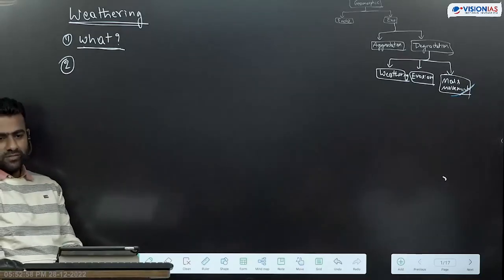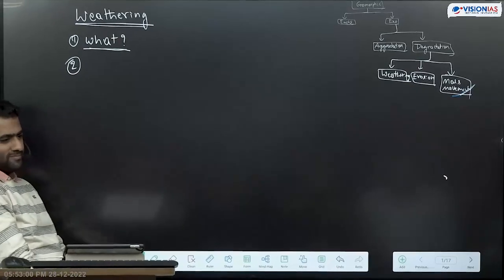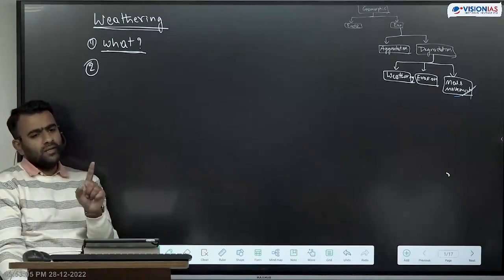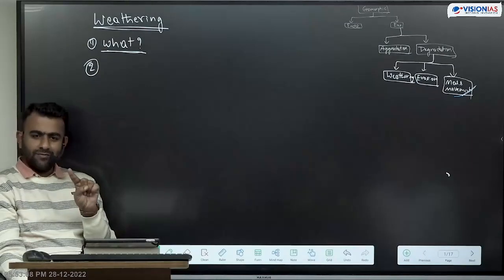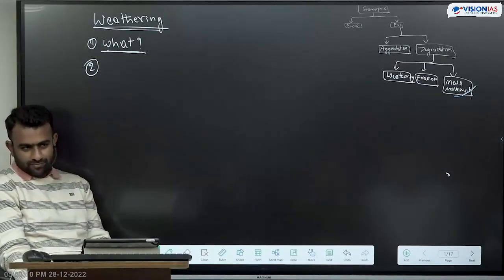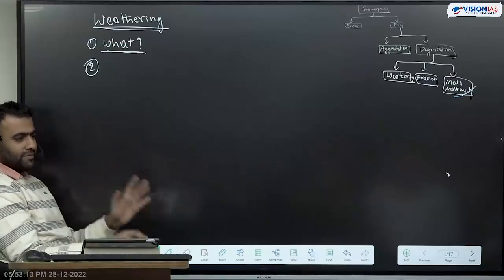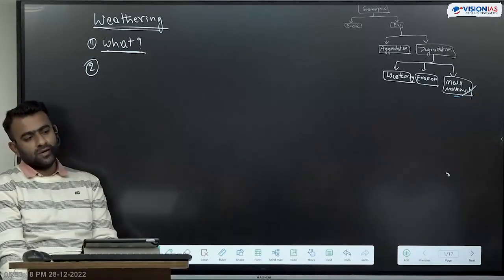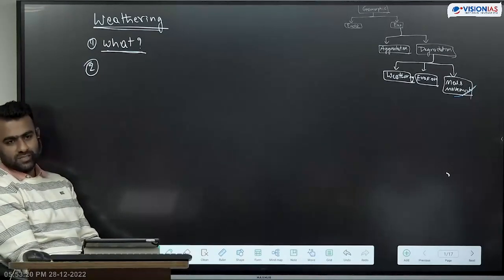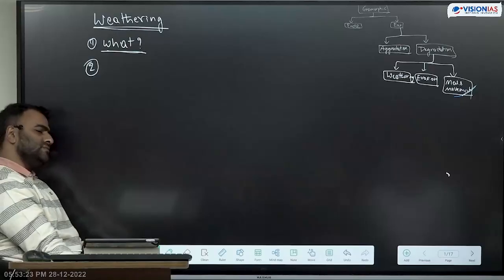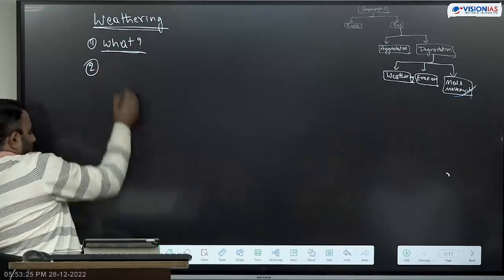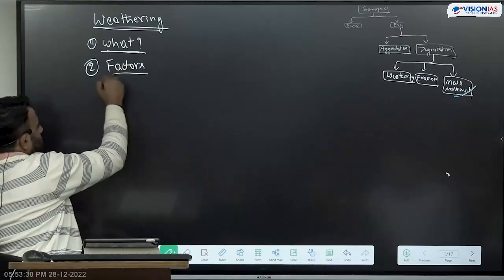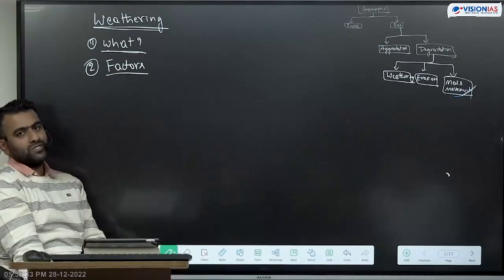So it is slow. But the rate of weathering is different from one place to another. If you compare two different places, the rate of weathering is always different. In one place, the rocks undergo weathering fast. Other places, it is very, very slow. What are the factors which will decide the rate of weathering? Why are there so many differences from one place to another?